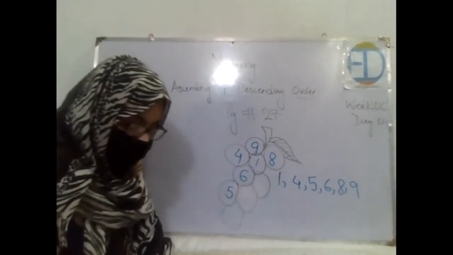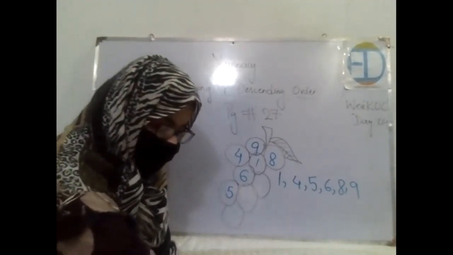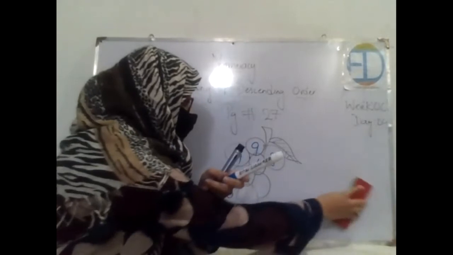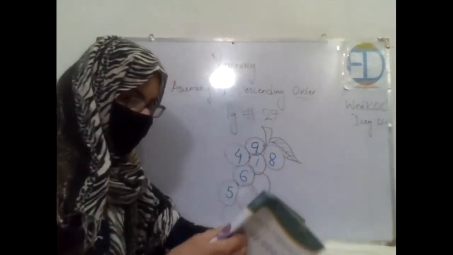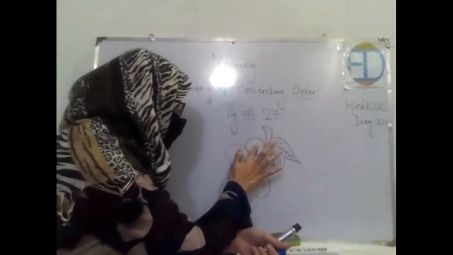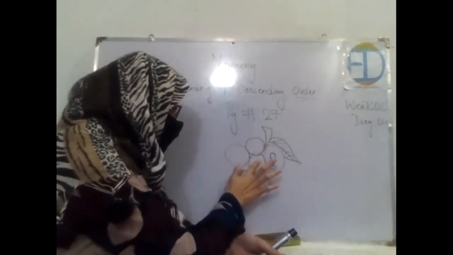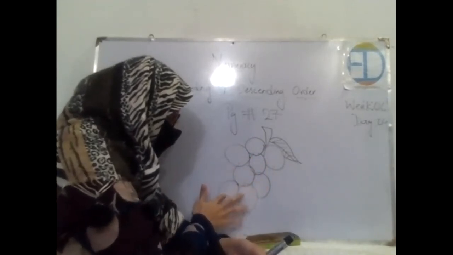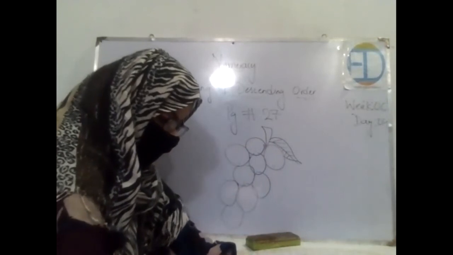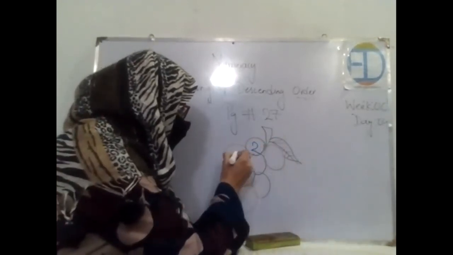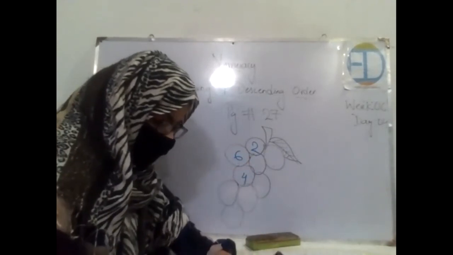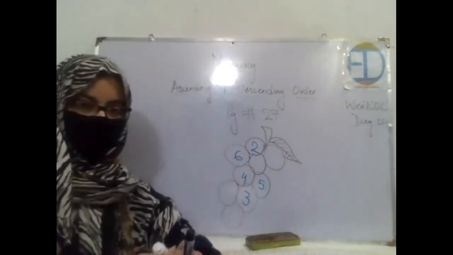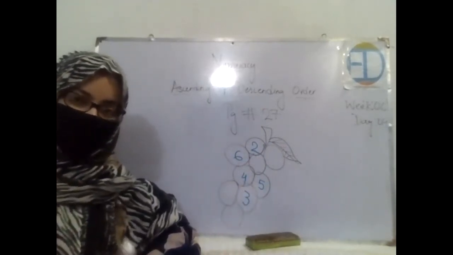So let's see what numbers are given in the second one. So the numbers are 2, 6, 4, 5, and 3.